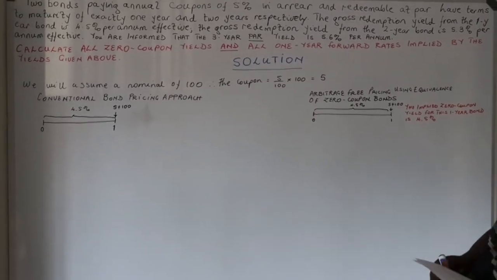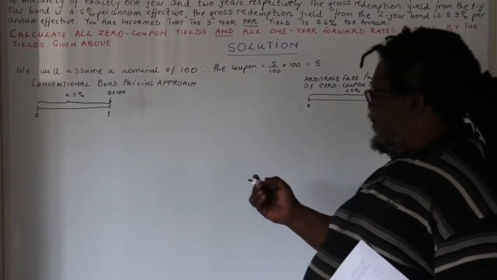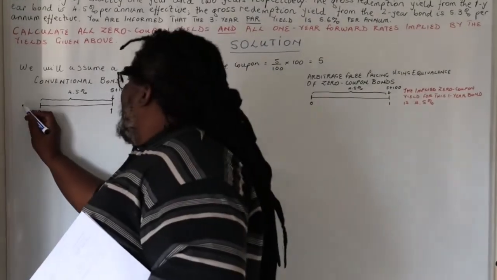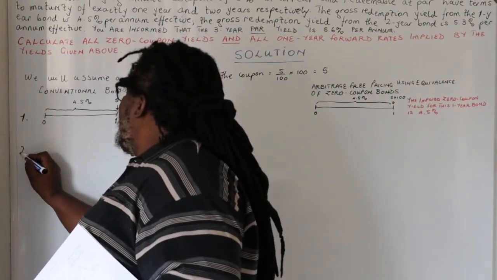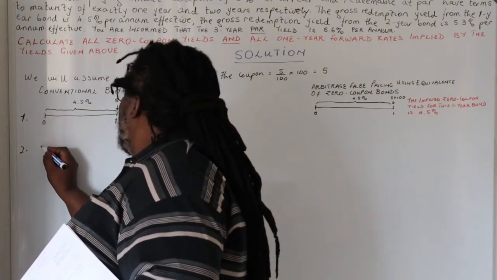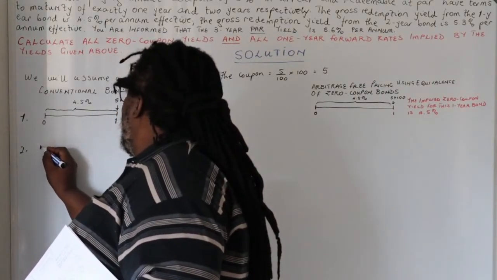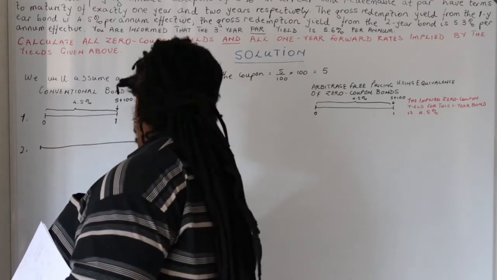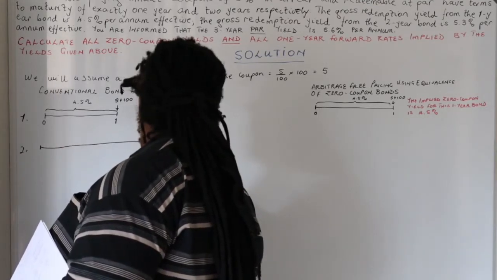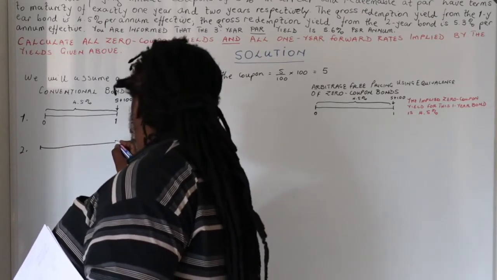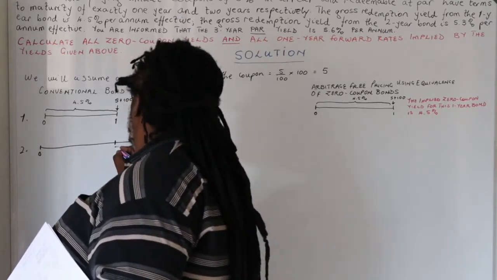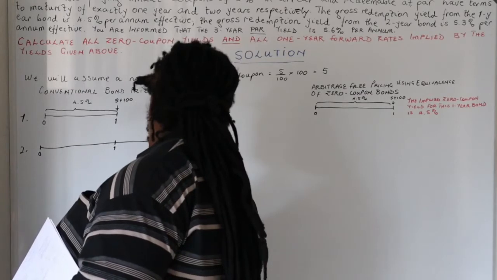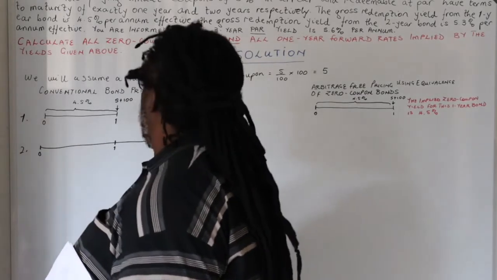So then, if you can call this your bond 1, then you can come to bond 2, and there we have a bond that is 2 periods. Here is 0, here is 1, and here is 2.